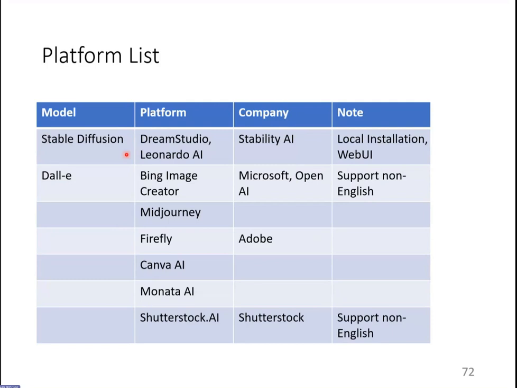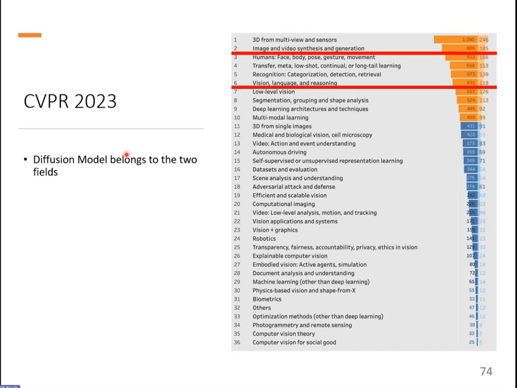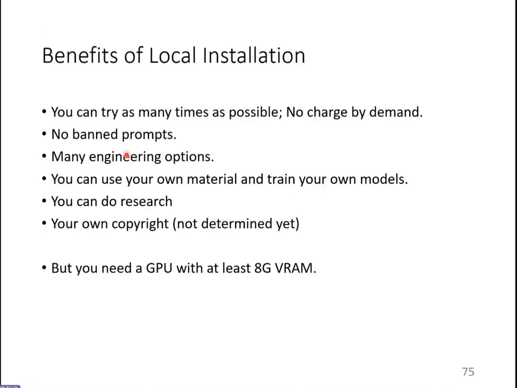You can download the installation file onto your laptop or desktop and run it as many times as you want. And there's another benefit. If you install Stable Diffusion, then there is no banned prompt.